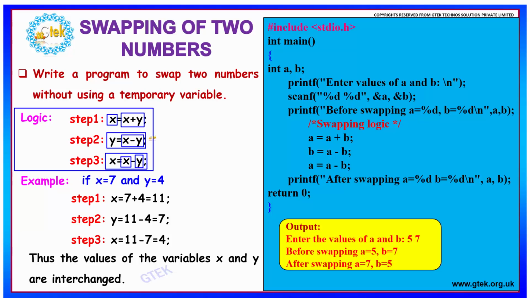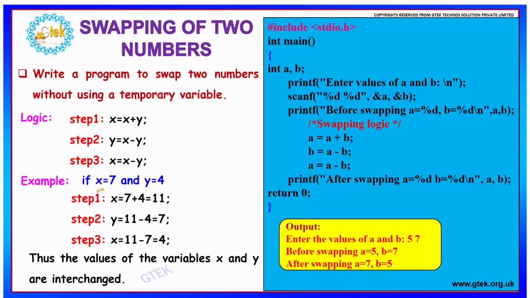So when we subtract the value of y again from the total sum of two numbers, that is nothing but x again from the sum of total two numbers, we get the value of y. And we are assigning the value of y to the variable x. So now our values of y and x are interchanged.